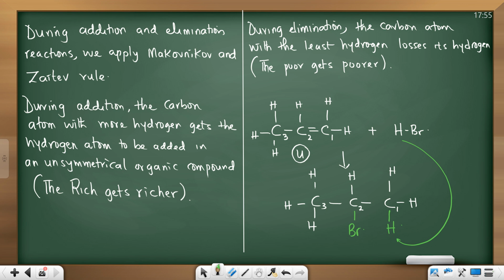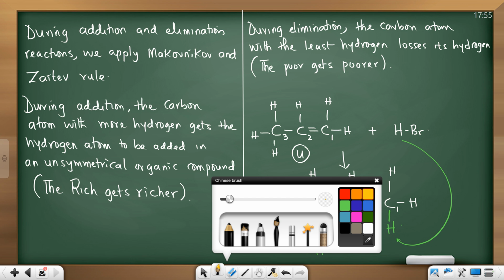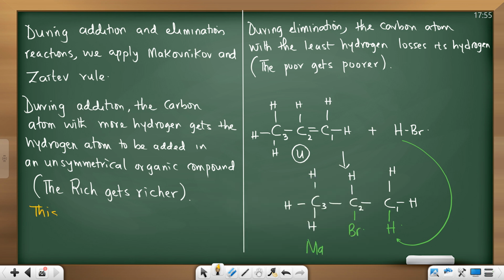And this is called the major product. Oh yeah, we just put a note here. If you follow the rule, it forms the major product.